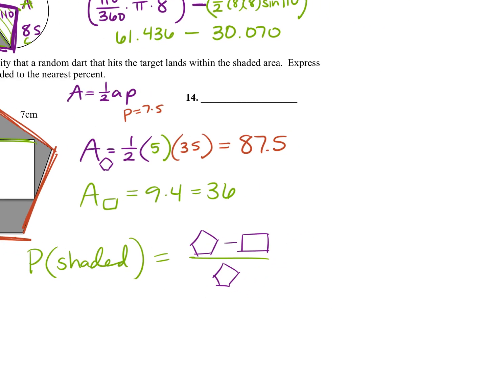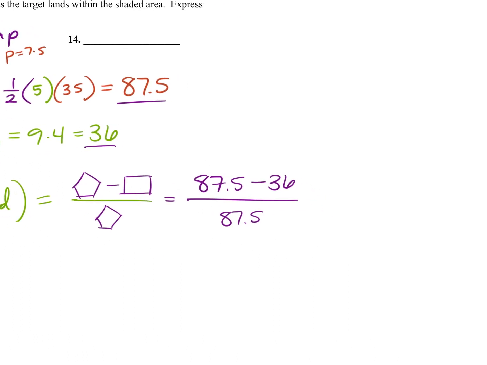So let's plug that in. If we set that up, that is 87.5 minus 36 divided by 87.5. And just make sure when you plug that into your calculator, it's 87.5 minus 36, then hit enter. Okay, we want to calculate that difference first, and then we can divide. Divided by 87.5, and you get this number, 0.58857, okay?